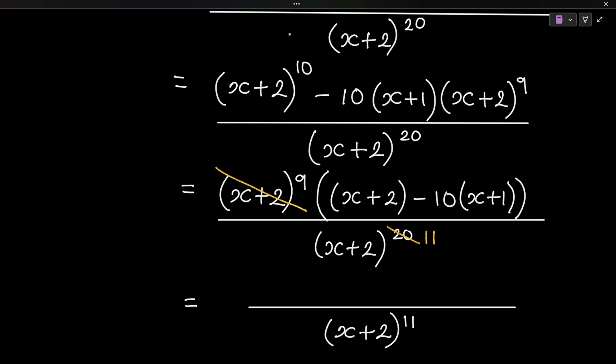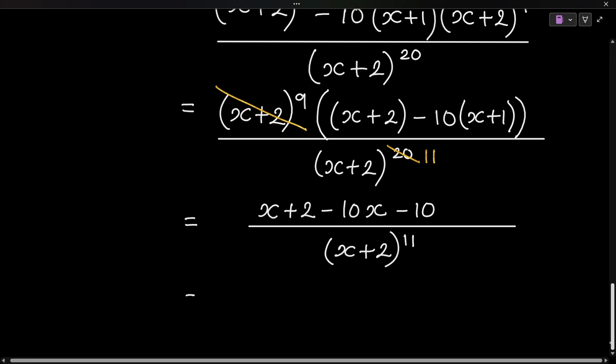And what is left in the numerator, we can actually simplify. The first bracket we have x plus 2. Let's now take this negative 10 and multiply into the bracket. So we're going to have negative 10x. And we've got negative 10 times positive 1, which is negative 10. Let's gather like terms.